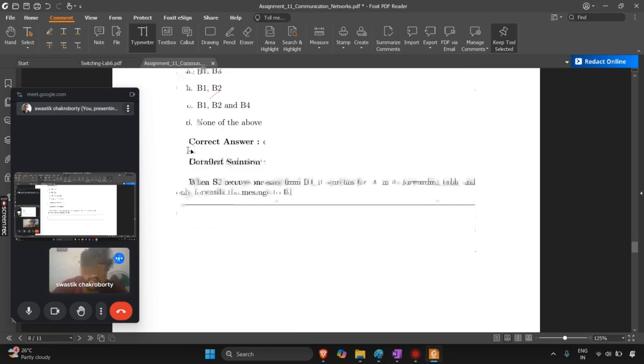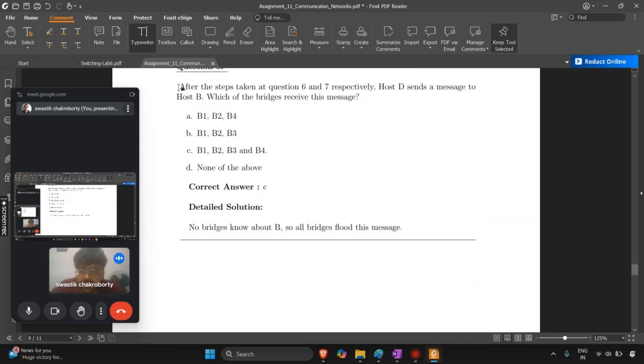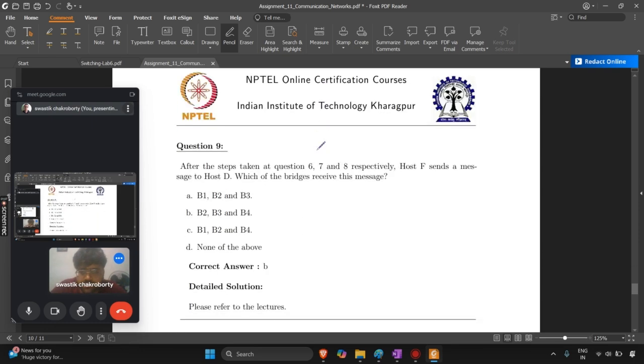So since B is not known, there will be some flooding. So B1, B2, B3, B4 all will get the message.